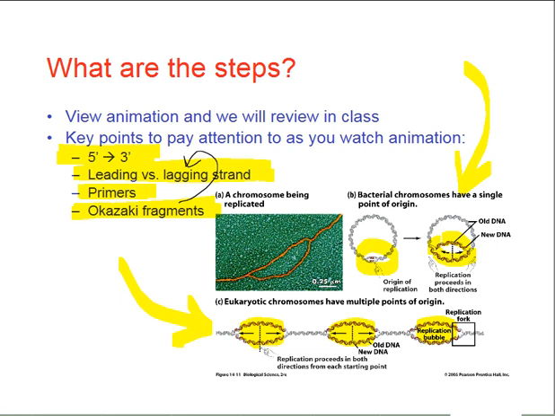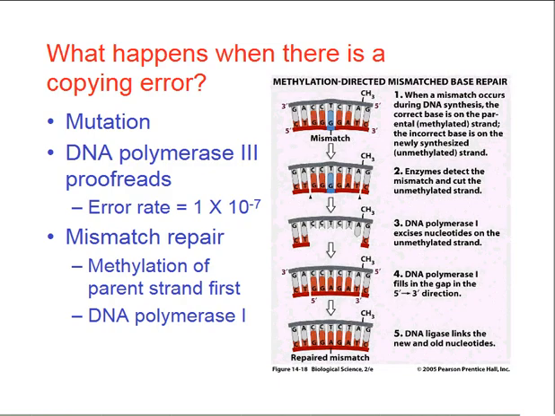Now, what happens if during the process of DNA replication we make a mistake? DNA polymerase III is the main character that does all the copying of DNA inside of a cell, and it has a pretty low error rate.